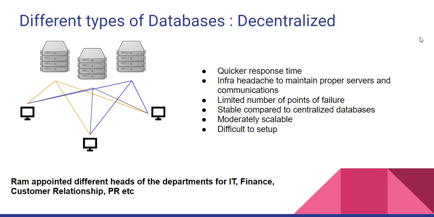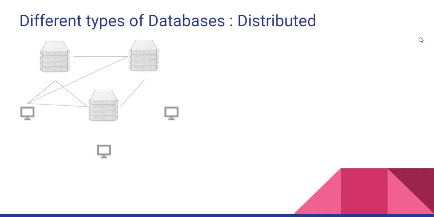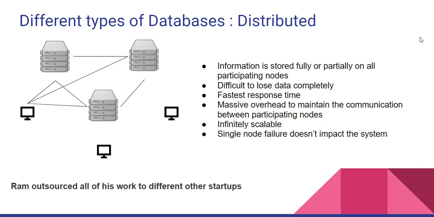The next type of database is distributed. Instead of storing the entire information on a single server, whether it's related to IT or not, you store data fully or partially on many of the servers. This server will store some part of the information. Let's say we just talk about the IT data. Some of the IT data will be here, some will be here, some will be here, and there can be overlap between these.